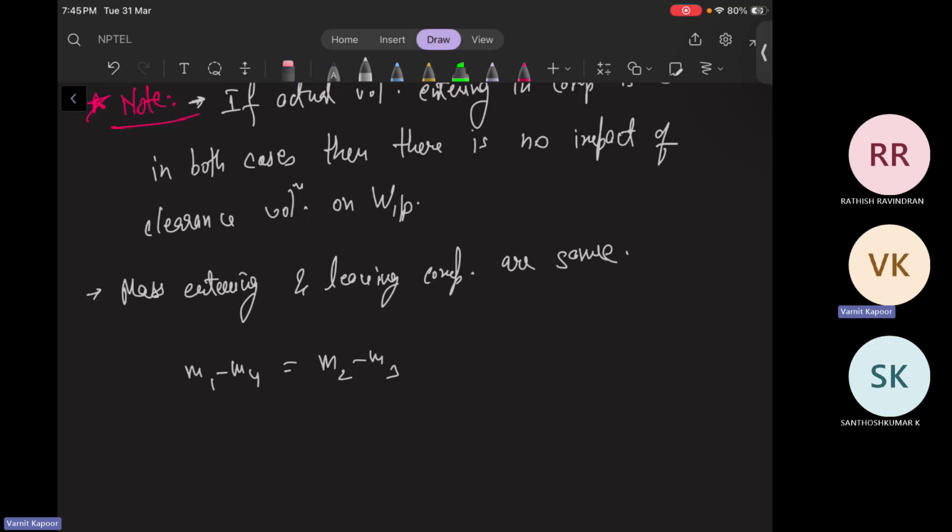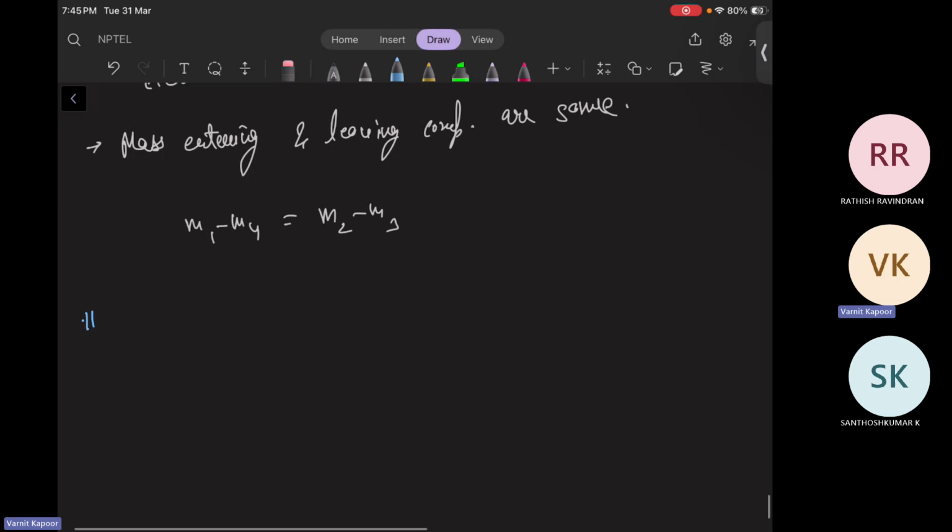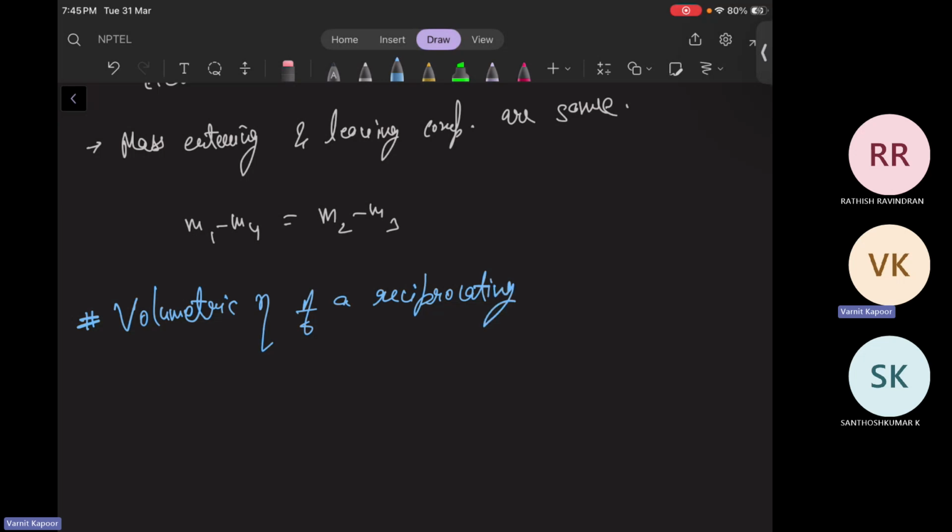Okay, always remember this. Now, if there is some clearance volume, eventually we will come to the volumetric efficiency of a reciprocating compressor, how efficient it can be. Okay, let us derive that. Volumetric efficiency of a reciprocating compressor.